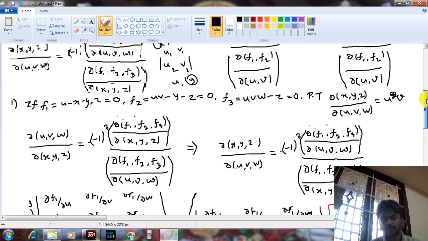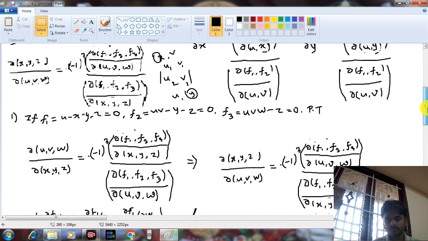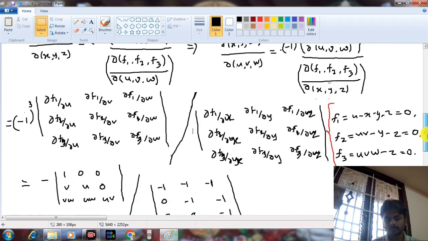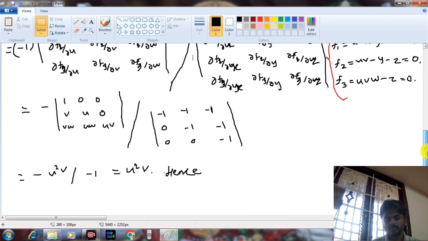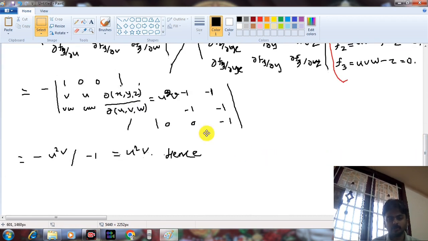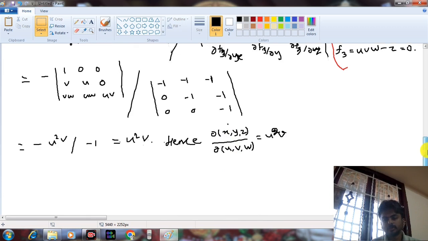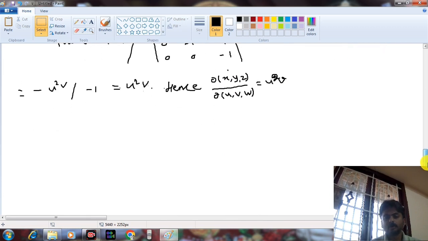We want to prove ∂(x, y, z) divided by ∂(u, v, w) equals u square v. It is now proved. Okay, so we have completed a problem on the Jacobian of an implicit function.